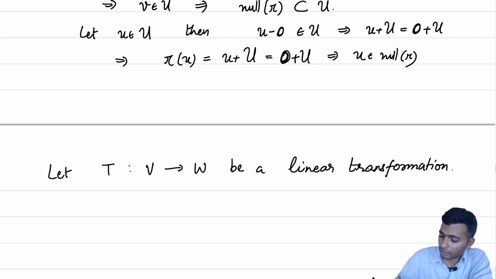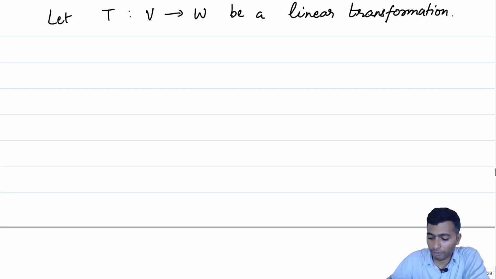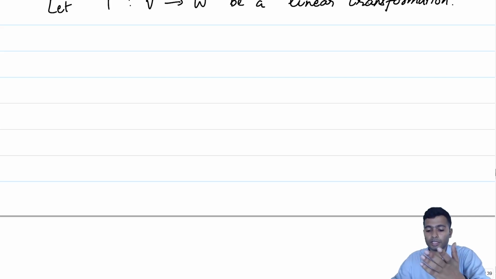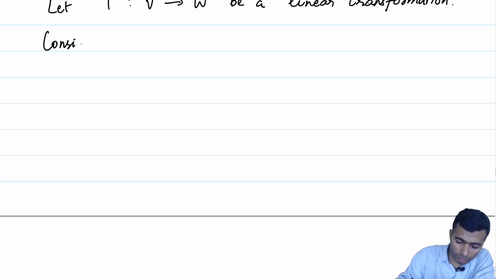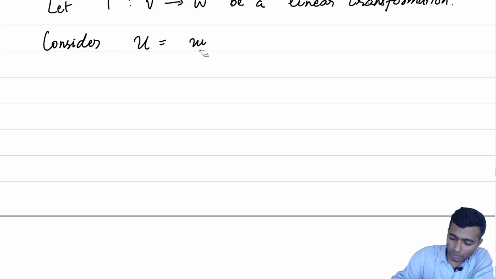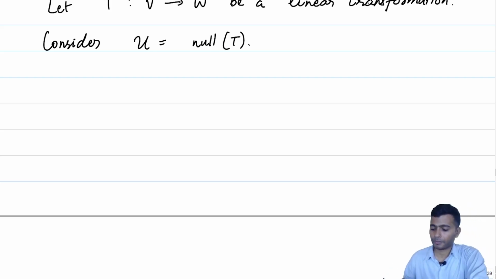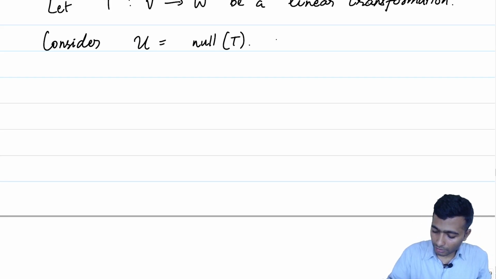There is a vector subspace of V which is very naturally associated to T, which is basically the null space of T. So consider U to be equal to the null space of T.